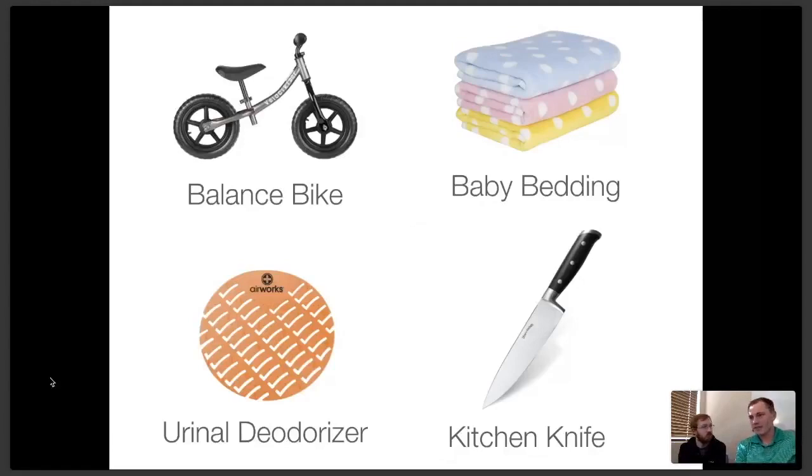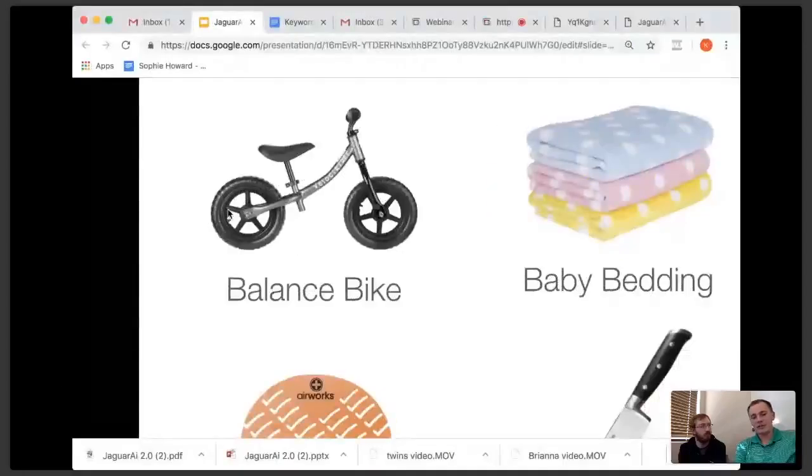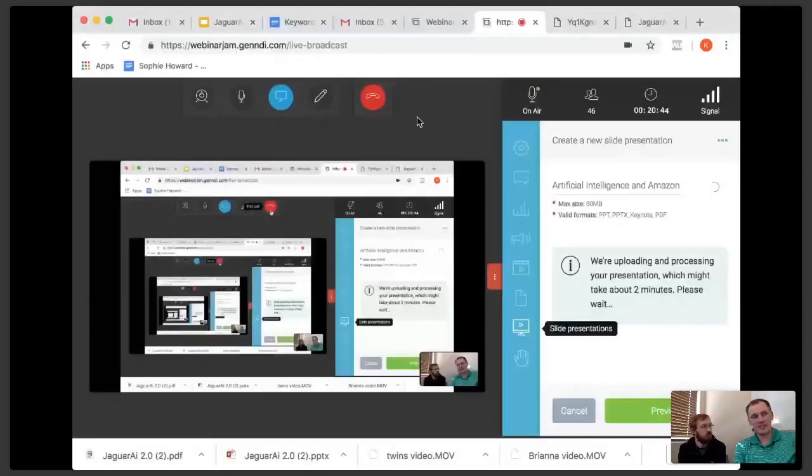And that's what we expected Jaguar to kick out as the next really cool, sexy product. So when urinal deodorizers came out on top, we were scratching our heads and we started watching the product. We didn't order it. We didn't really run a test on it that way, but we just said, let's watch it and make sure there's a proof of concept here.